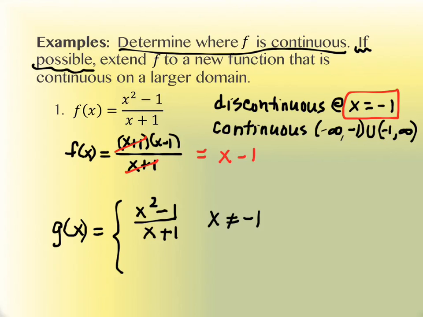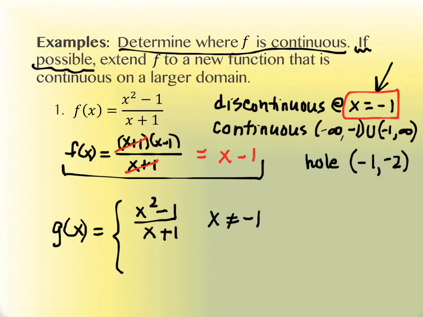Now I want you to think about this function right here where we simplified. We said that there's a hole in the graph. The hole is at x equals negative 1 because of this right here, right? What does y equal at that point? Negative 2.